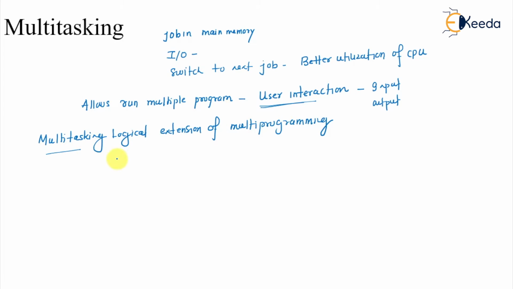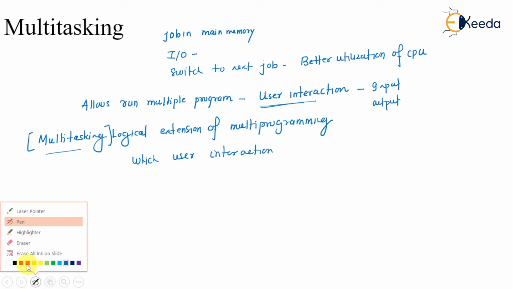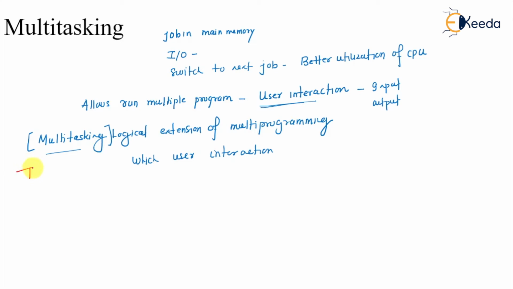Multitasking provides user interaction. Okay, multitasking is also known as time sharing. Now, why is time sharing possible?